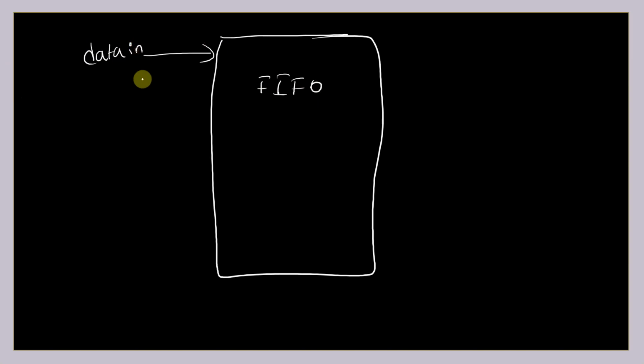And if I want to draw the block diagram of your asynchronous FIFO, this is how it is going to look. So we are going to have a FIFO which is present over here, and this FIFO is connected with data in. The sender provides the data in, write enable, and write clock, and this FIFO is going to give me the full condition.